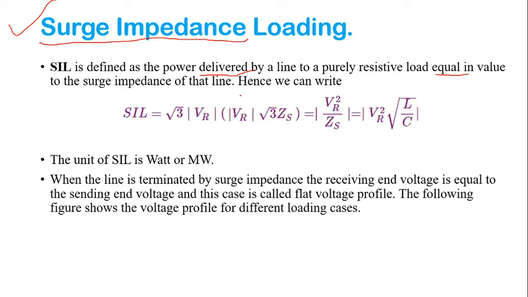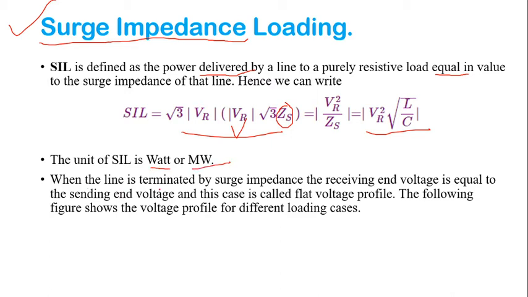Hence we can write the power delivered: surge impedance loading is equal to root 3 VR into root 3 VR by Zs, where Zs is our surge impedance. If we simplify this equation, we can write VR square divided by the square root of L by C. This is our surge impedance loading, and its unit is either watt, or normally we use the term megawatt.